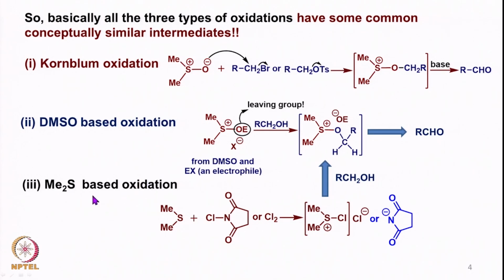In the case of DMS based oxidation, we get a similar type of intermediate, which then reacts with an alcohol to form a similar intermediate as in the Kornblum type of oxidation, which then eventually leads to the aldehyde. So this is the similarity between the three types of oxidation.